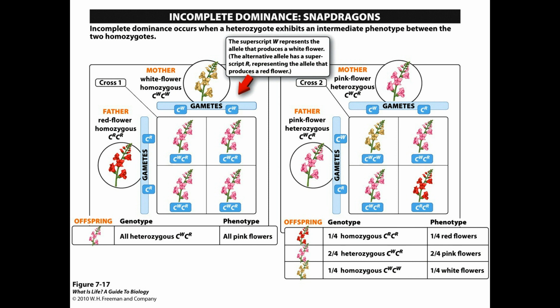You see the return of the parental phenotypes. So again, the blending hypothesis doesn't hold true because the parental phenotypes come back. You see that you have flowers that are white, flowers that are pink, flowers that are red, because both parents can contribute either a red or a white allele.